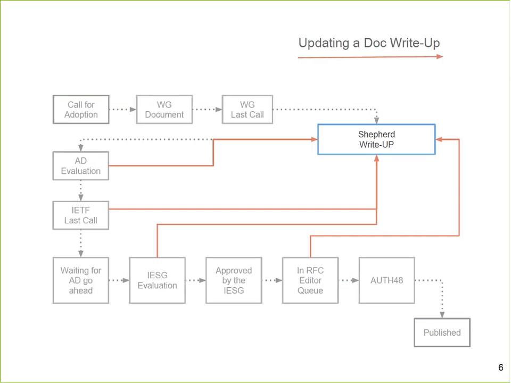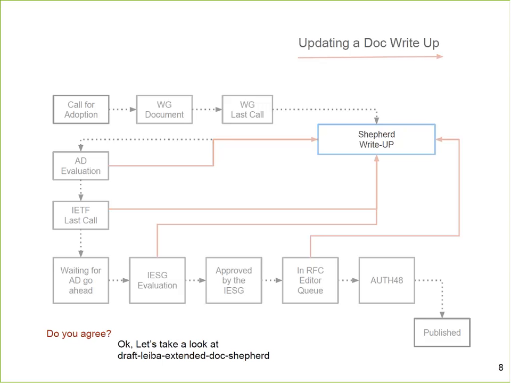Our first shot was that it could be evaluated after AD evaluation, IETF last call stage, IESG evaluation, and in the RFC editor queue. At that moment, the document write-up should be updated. Do you agree with that? Yes, no?